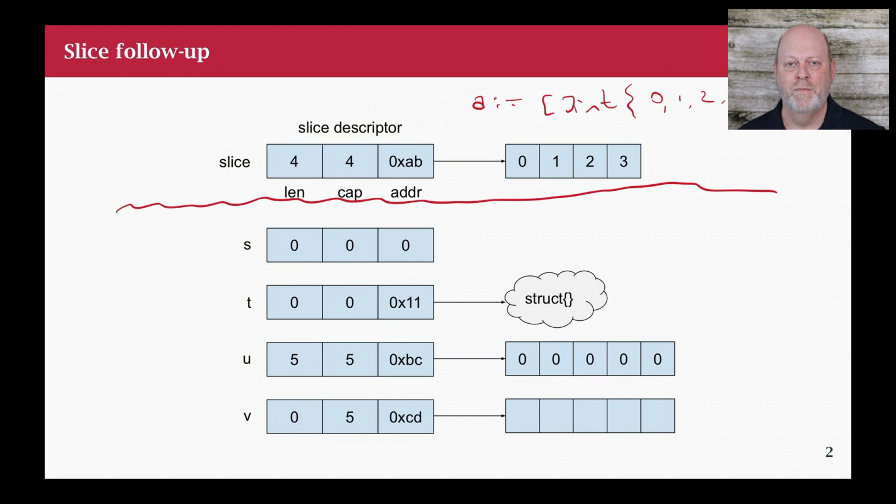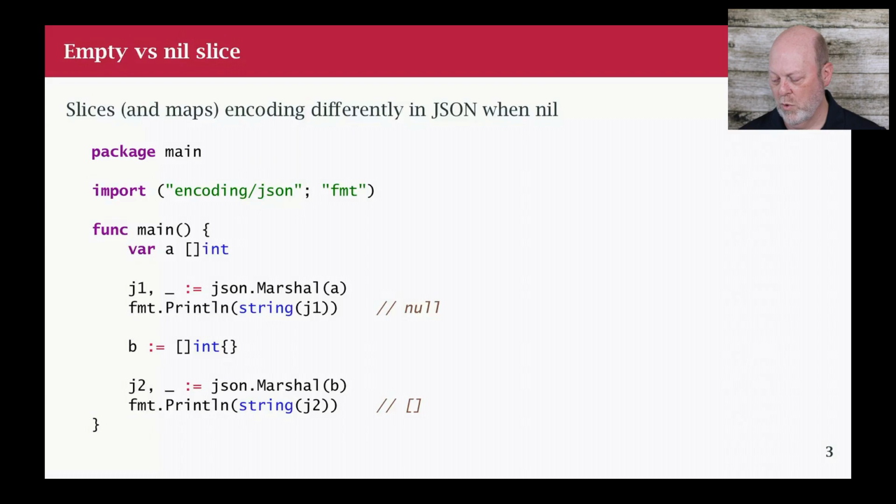Okay, now, why do we care? To answer that question, I'm going to go to one more slide. Here's an example of where it matters whether it's nil or empty. When we go to represent the slice, say in JSON, there are really 2 cases. If you look at a JSON property that can be an array, well, any JSON property can also be null.